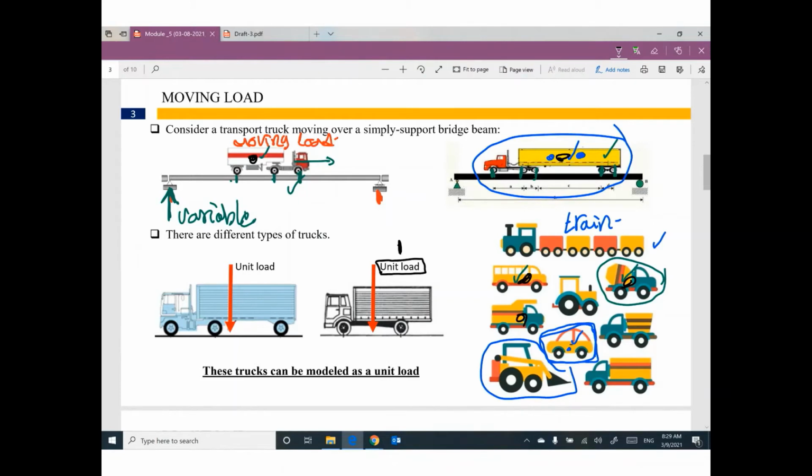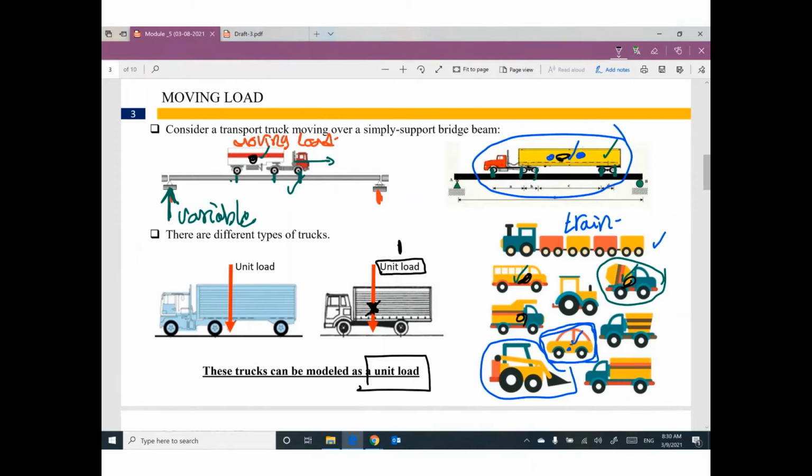What is the unit? I'm not sure. It's 1 unit load at the centroid of this truck. So any truck will be converted to a unit load at the centroid of the truck.